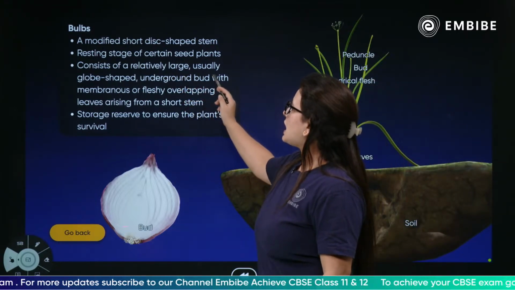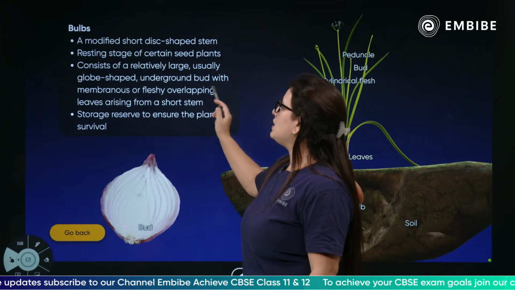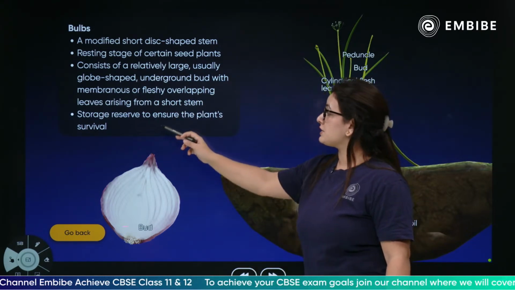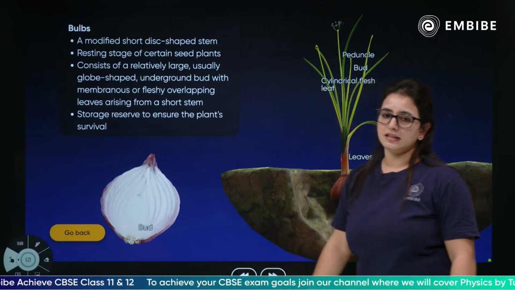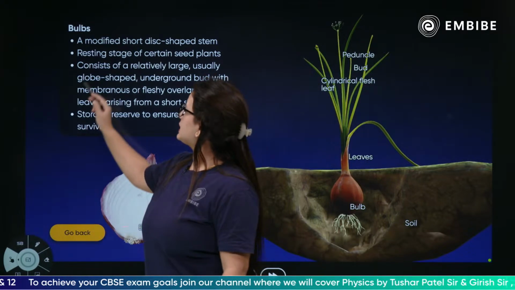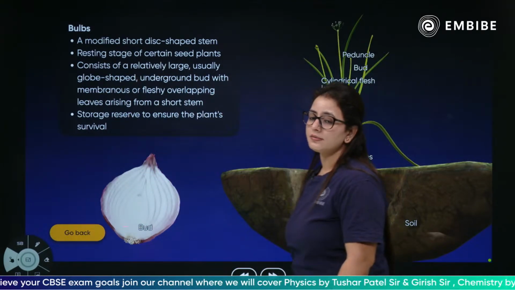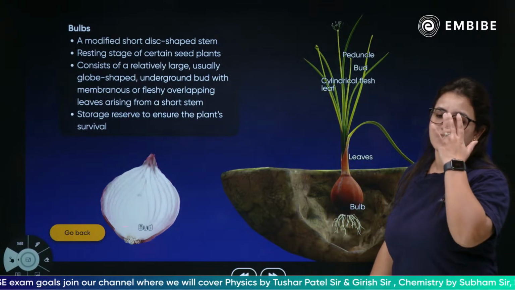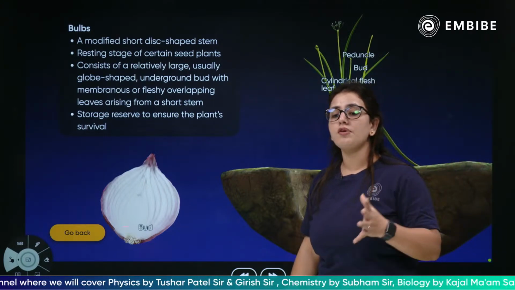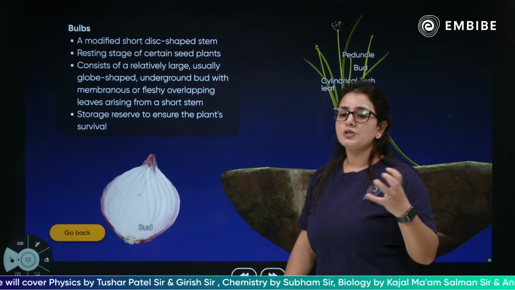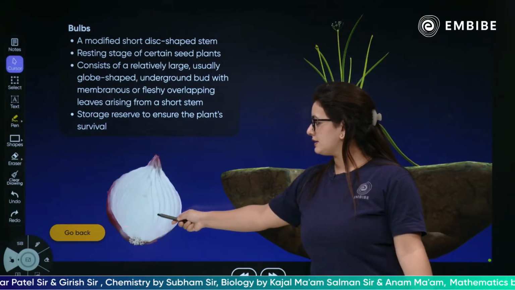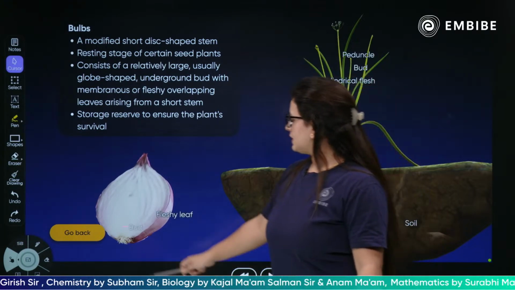It consists of a relatively large, usually globe-shaped underground bud with membranous or fleshy overlapping leaves. They have certain storage reserves to ensure the plant's survival, and they are also the resting stage of certain seeds. So, bulbs are also a modification of the underground stem, which eventually gives rise to onions. All of you have seen them.